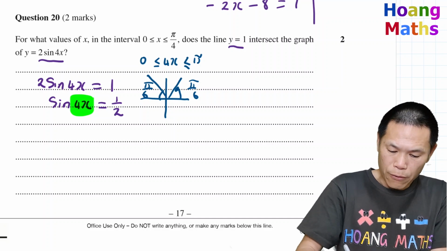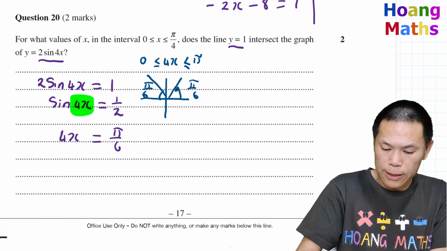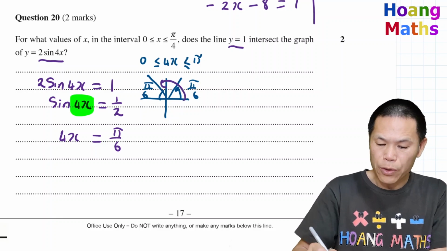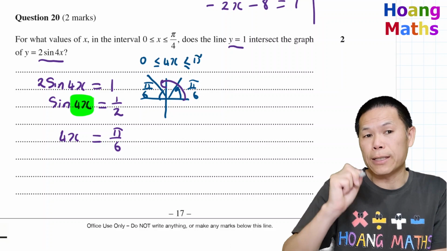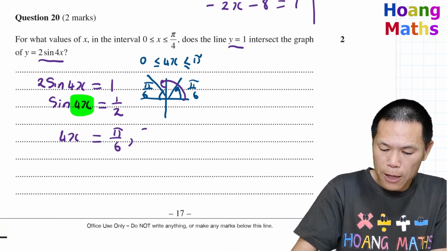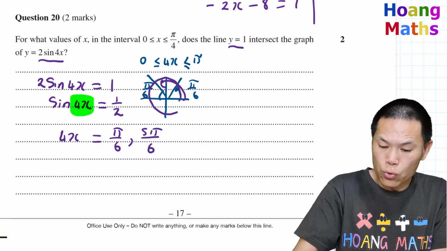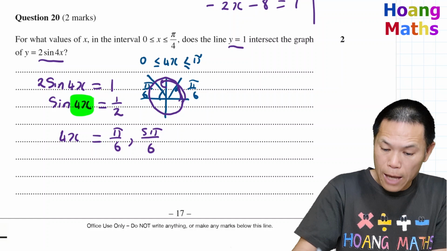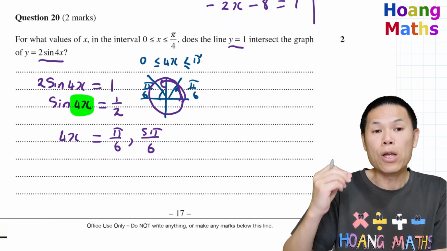So now for 4x, the first answer is pi over 6. And this answer here will give me pi minus pi over 6. 1 minus 1 over 6 is just 5 over 6. So 5 pi over 6. And another one is 2 pi plus pi over 6, so therefore it's more than pi. So therefore, we stop there.